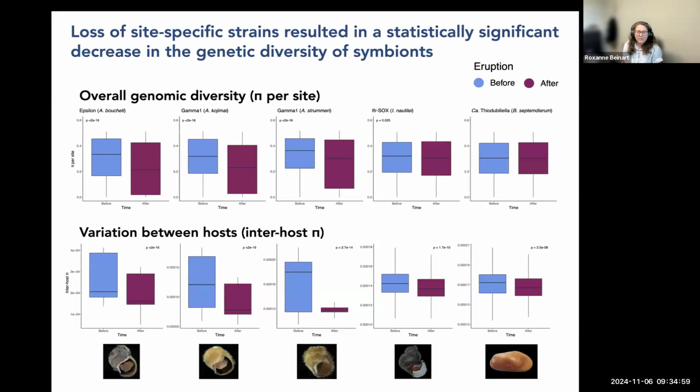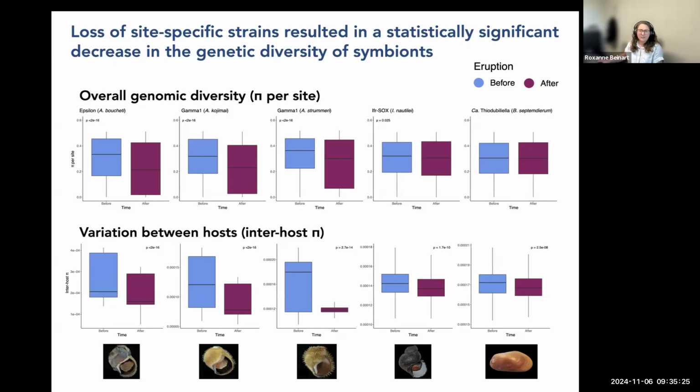We also can use this data to understand the overall genetic diversity of the symbionts and see how that has changed before and after the eruption. So what you're looking at here are measures of genetic diversity. On the top, the overall genomic diversity, which is nucleotide diversity by site, and then also the genetic diversity as variation between hosts, which is the interhost nucleotide diversity.